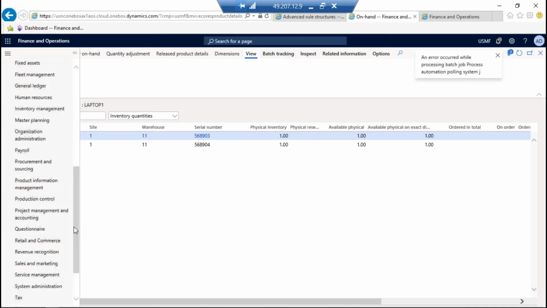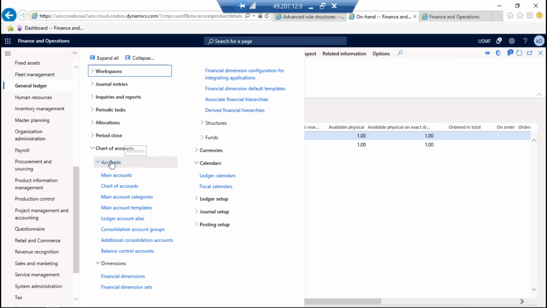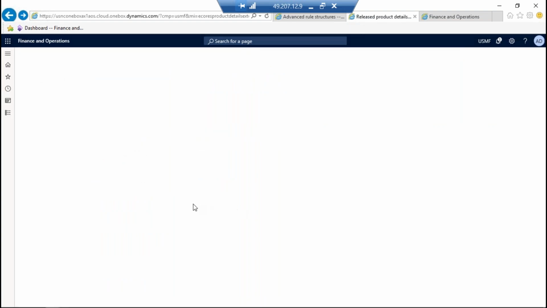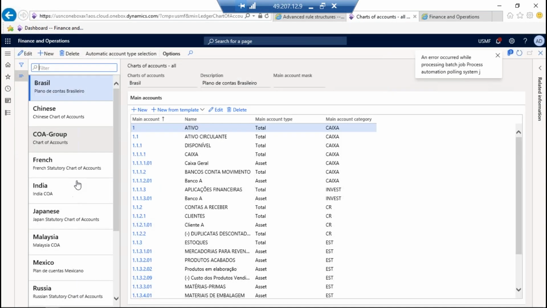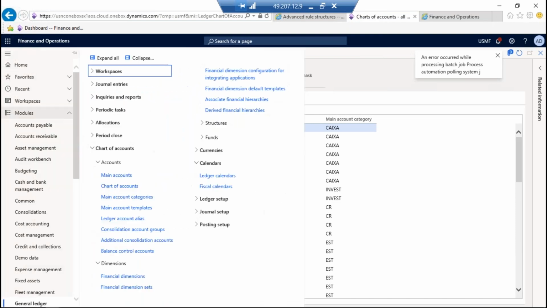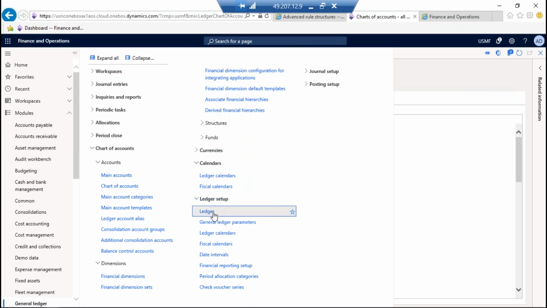General ledger, accounts, chart of accounts. In this we will see all the charts of accounts, but if you want to understand the chart of accounts specific to this legal entity, we can go to ledger setup, ledger.